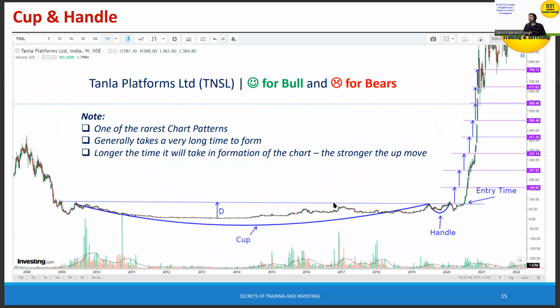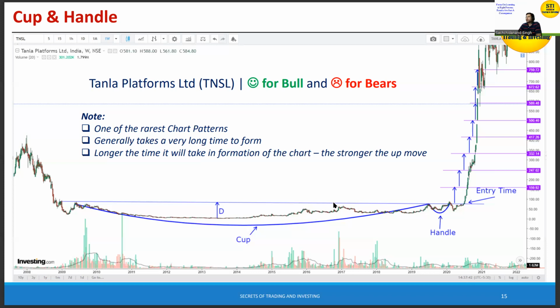Okay, so the third example of a bullish reversal chart pattern is called cup and handle. And this particular chart formation is, I can say, one of the rarest scenarios. However, when it happens, for any stock, I can say it happens only once in, maybe, a lifetime.